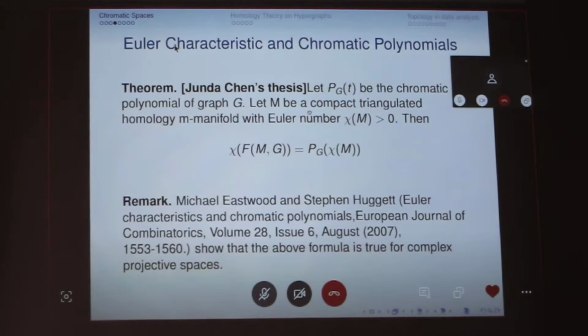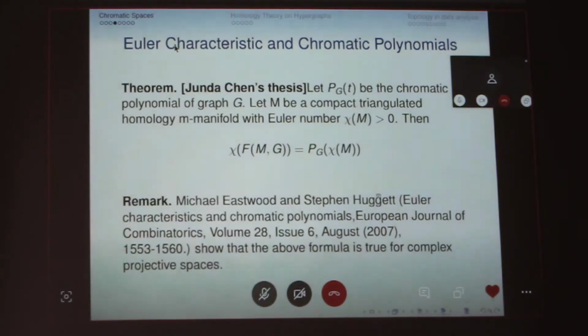Okay, so now we assume the Euler number to be positive. So now this is some number. Insert this number, so change t to this value, and then it comes out they are equal. So this will give some interesting equality between the Euler numbers for the space and the value of this geometric polynomial.